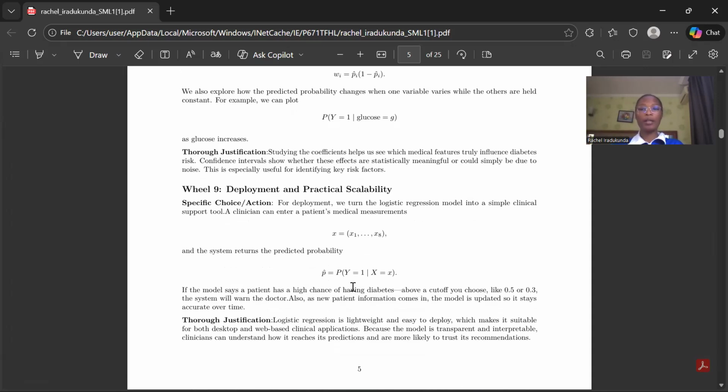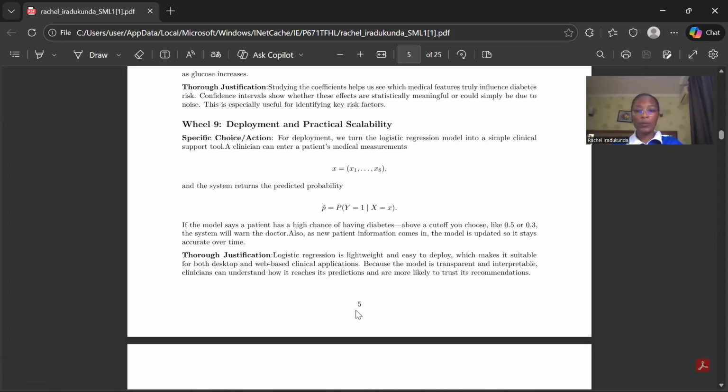This also can help us with clinical support, so the doctors or nurses can use it to predict or show that a patient has diabetes given the features.